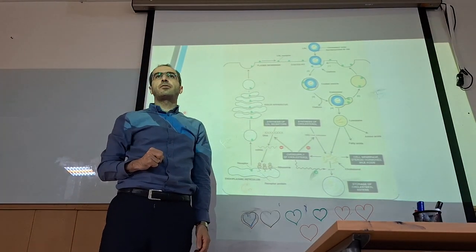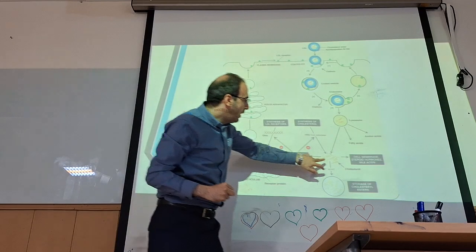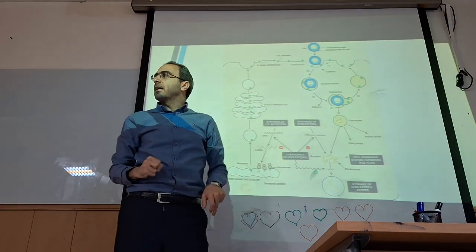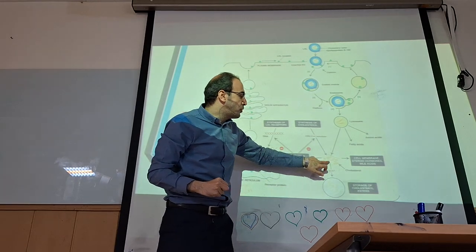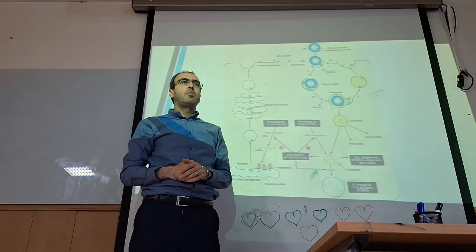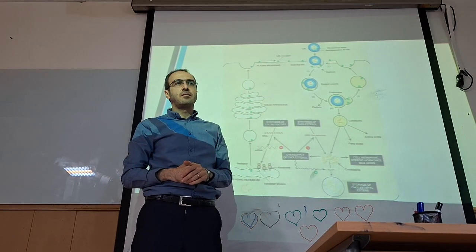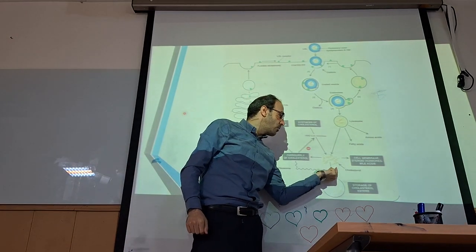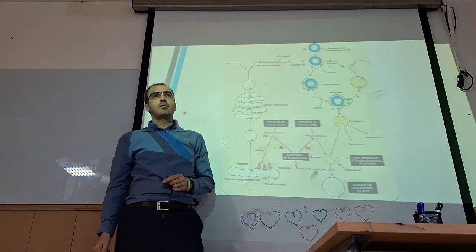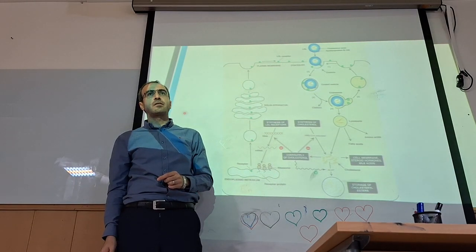What happens to cholesterol? Cholesterol can be converted to cholesterol ester by adding an acyl or fatty acid. The enzyme here is known as acyl-cholesterol acyltransferase, ACAT.